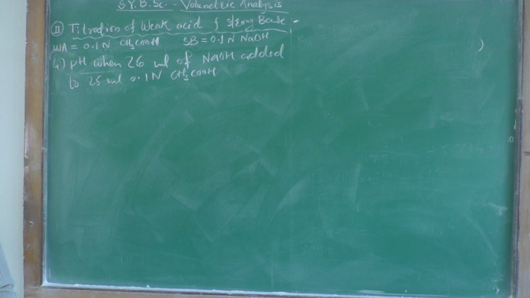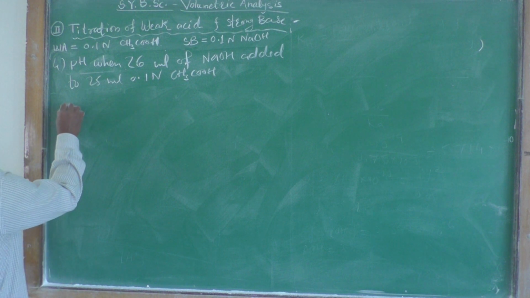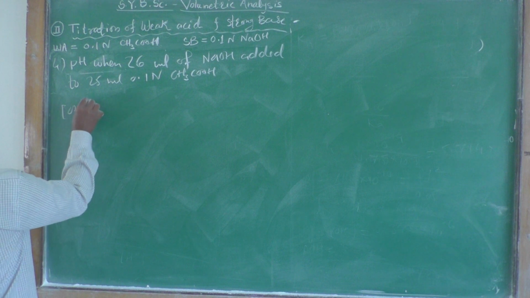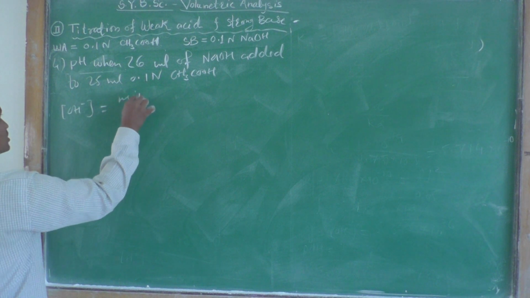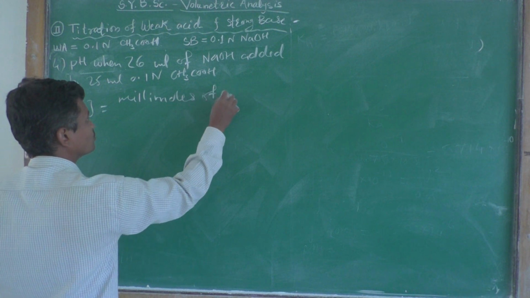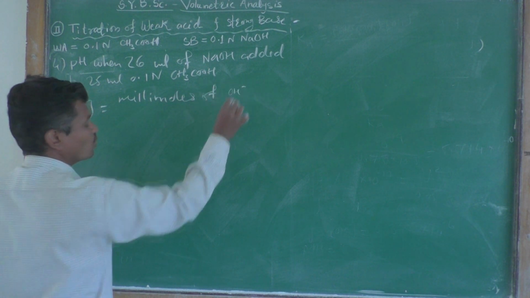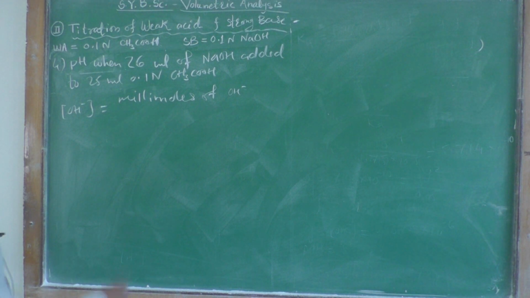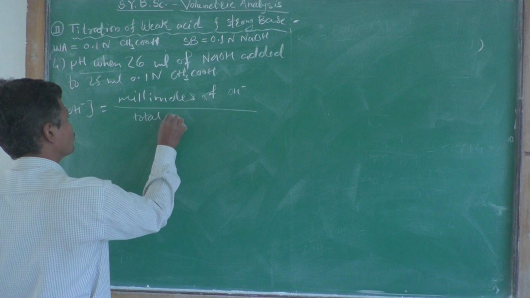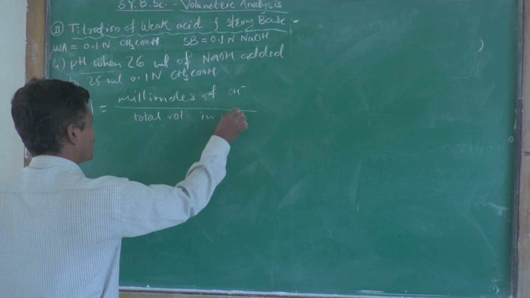Now for that, the total volume will be 51 ml, and the OH minus ion concentration in this case is equal to millimoles of OH minus ions divided by the total volume in ml.